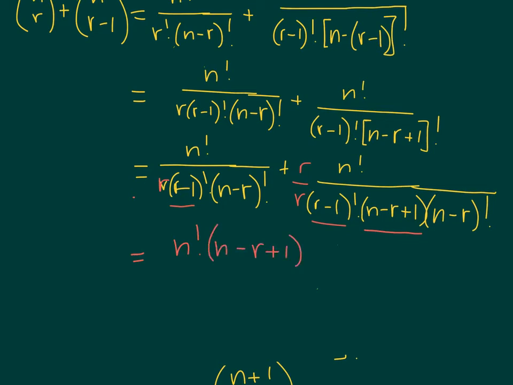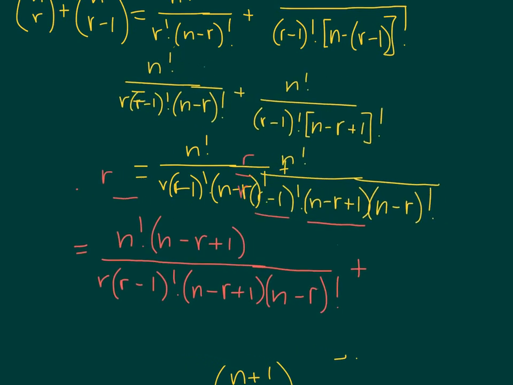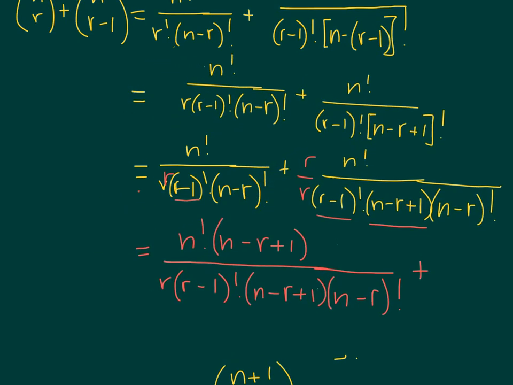And then in my denominator, I'm going to have r times r minus 1 factorial times n minus r plus 1 times n minus r factorial, plus, for my second fraction, it's just the r's that I need to multiply.